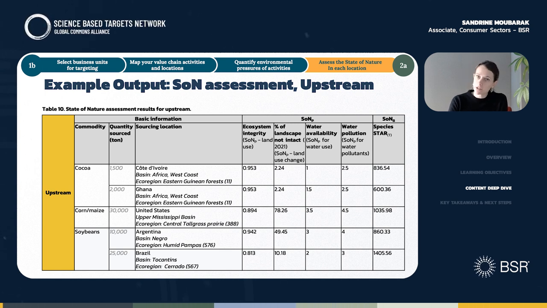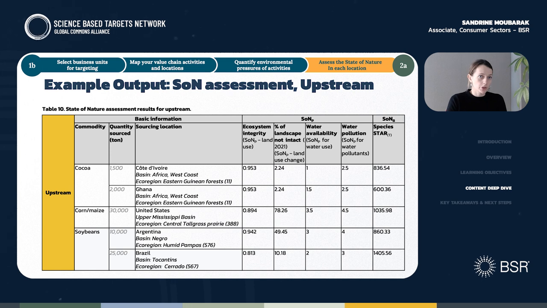Once they had this information, they were then ready to match the ecoregions in which they knew they were operating, direct operations, and their assumed sourcing activities upstream to the unique ecoregion ID used in the Ecoregion Integrity Index. To do this, they consulted the map of ecoregions provided by Resolve.